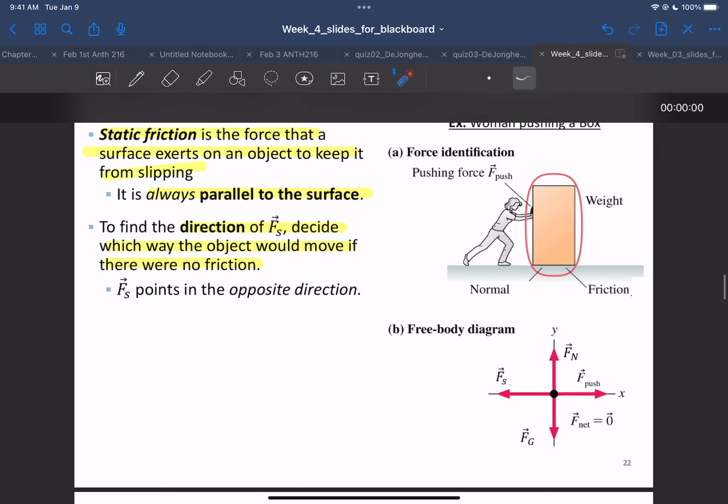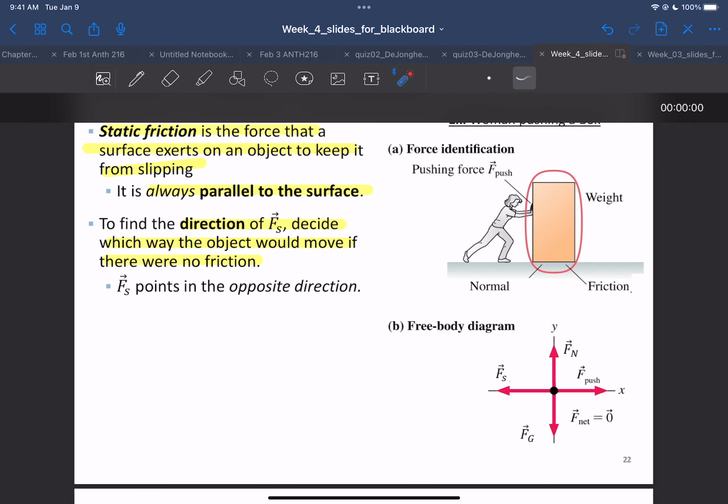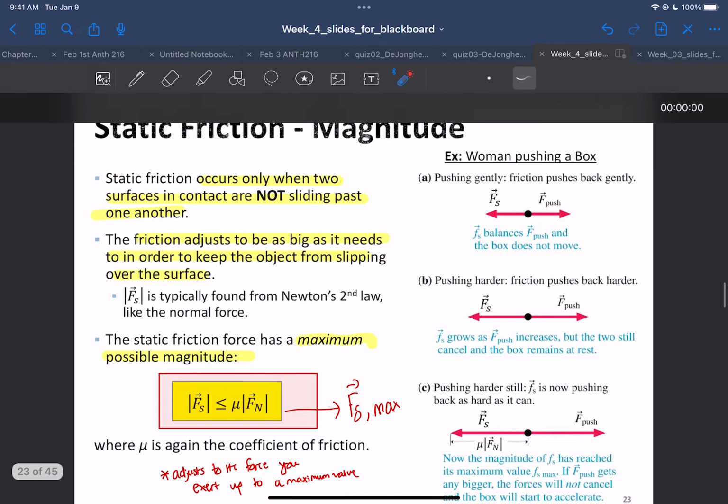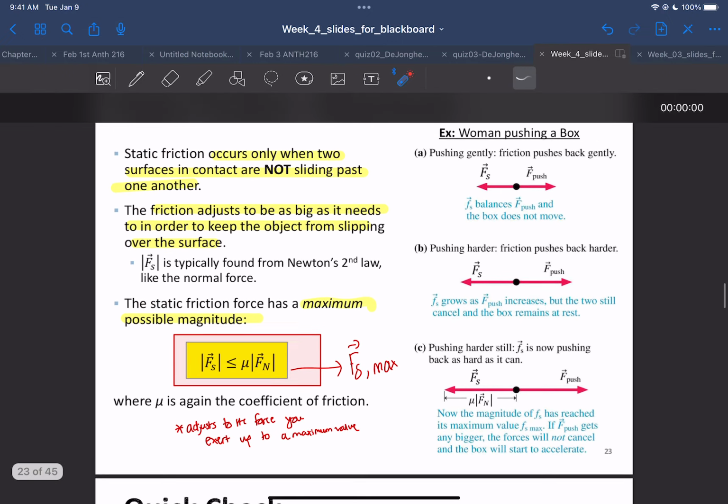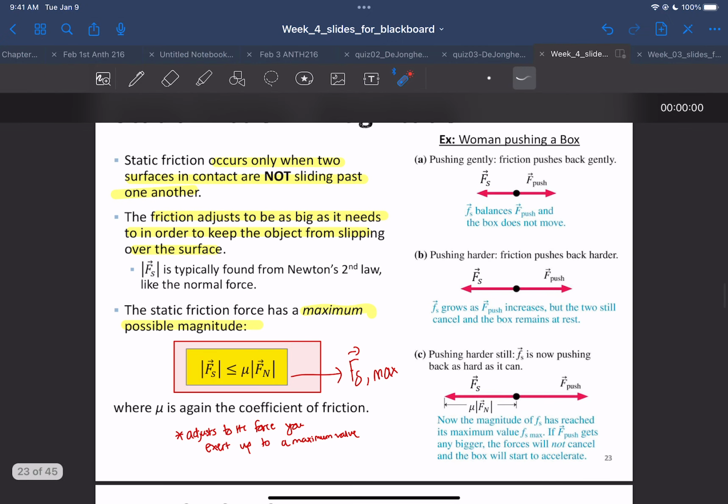Static friction is a little bit weird because really it's a variable force. It can increase itself to a maximum point, basically. So something just sitting there without exerting any forces will have a static friction of 0.